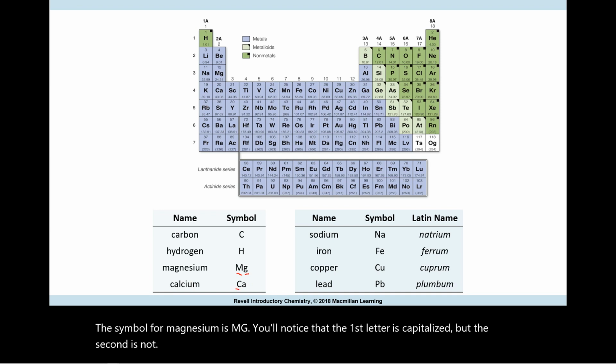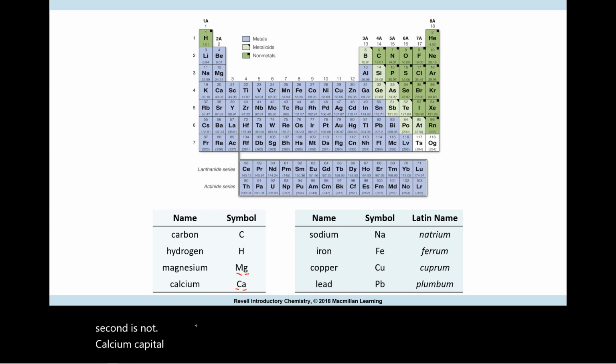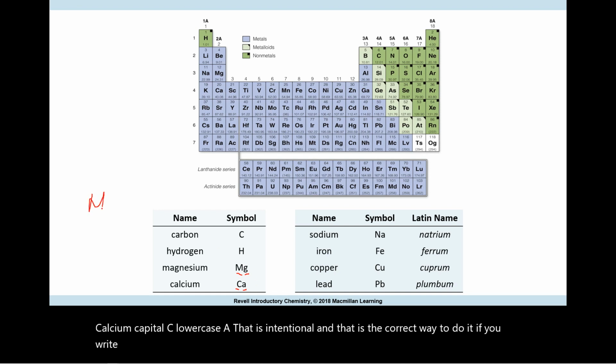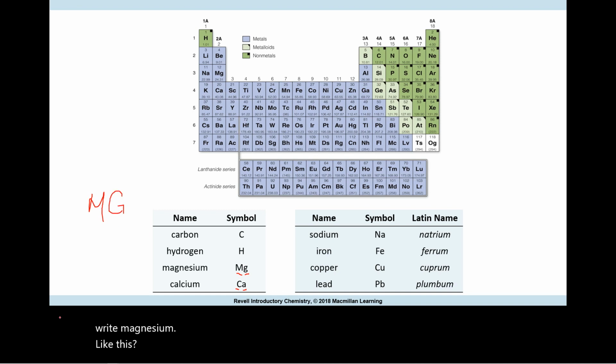Calcium, capital C, lowercase a. That is intentional, and that is the correct way to do it. If you write magnesium like this, that is incorrect. If you write calcium like that, that is also incorrect. It must be capitalized the first and lowercase the second one.